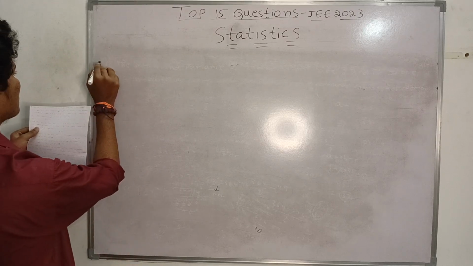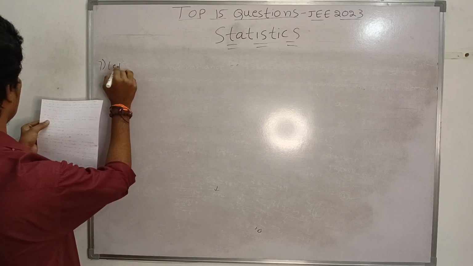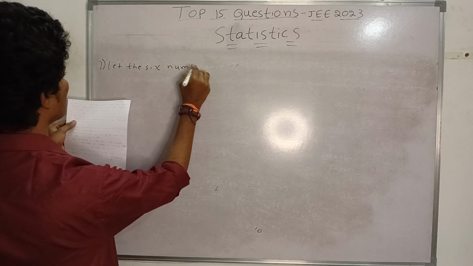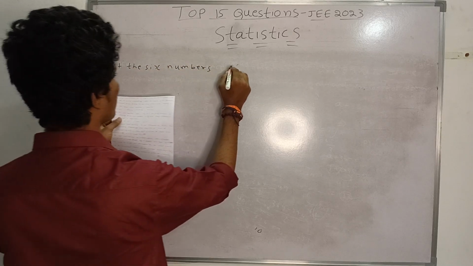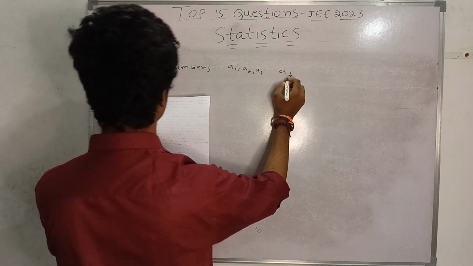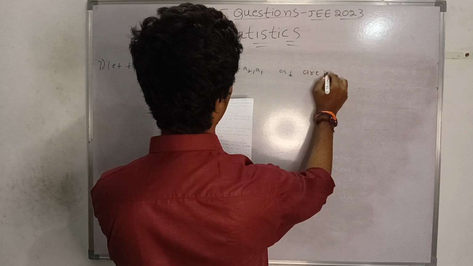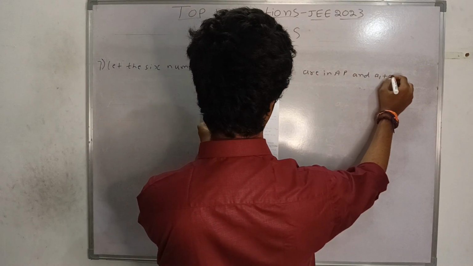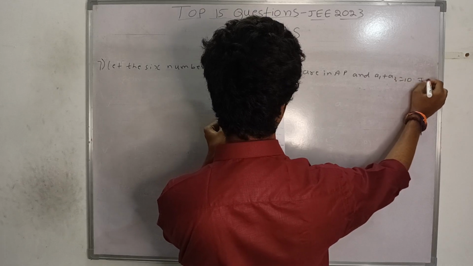And now the next question, that is the 7th question. Let the 6 numbers A1, A2, A3 up to A6 be in AP, and A1 plus A3 equal to 10.